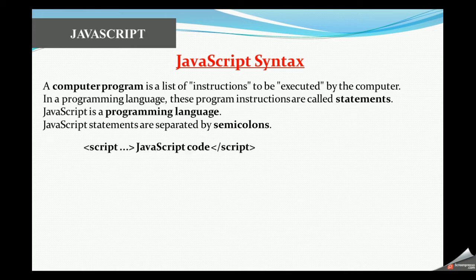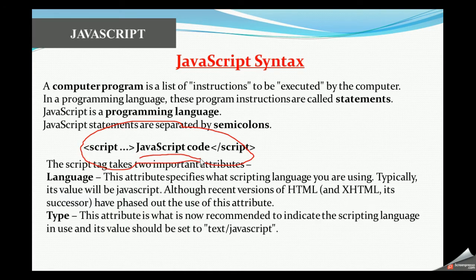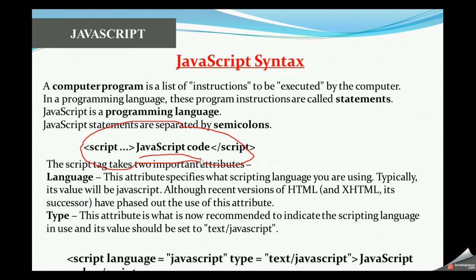Now coming to the next thing, there are two ways to write. First, I am showing you a script tag, and in the script tag you will write your JavaScript code. You can see that it has used two attributes. What are attributes? Attributes add additional information for the computer.